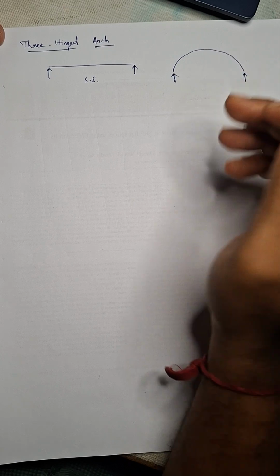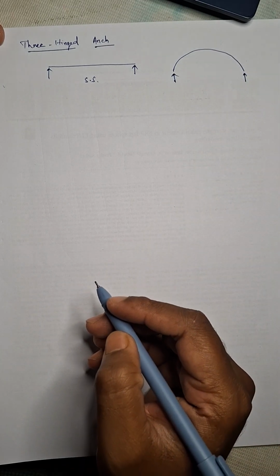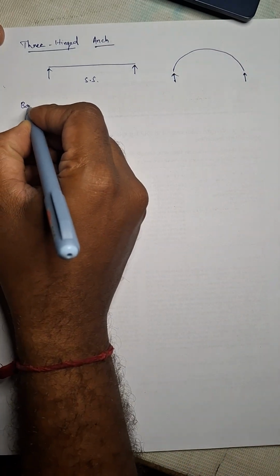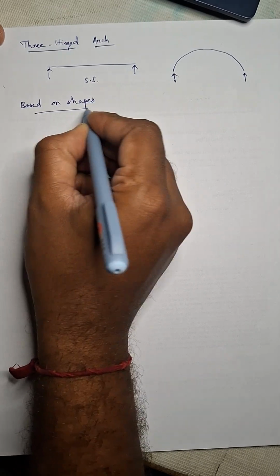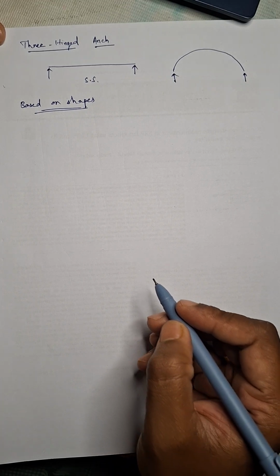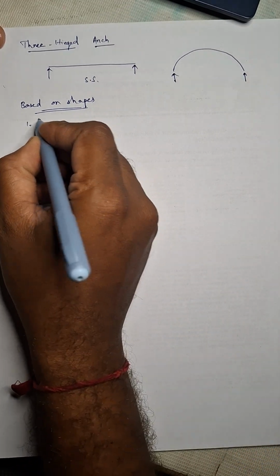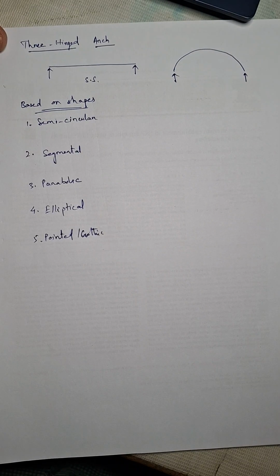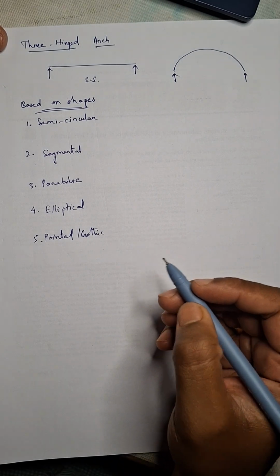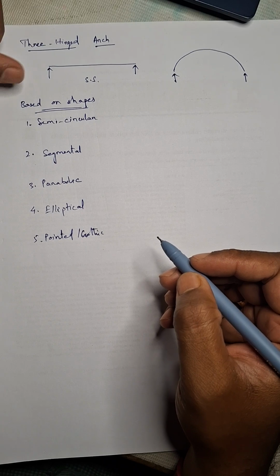Now we are going to classify different types of arch. Now if I classify arch based on the shapes, there are different types of arch. So there are basically five types of arches based on the shapes.